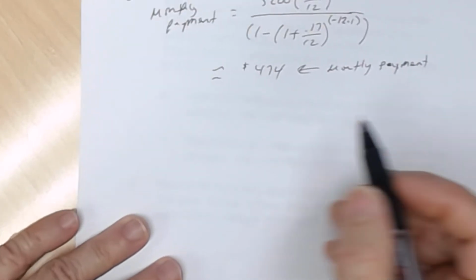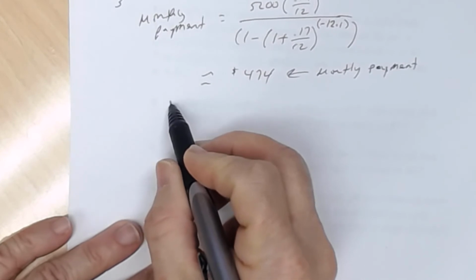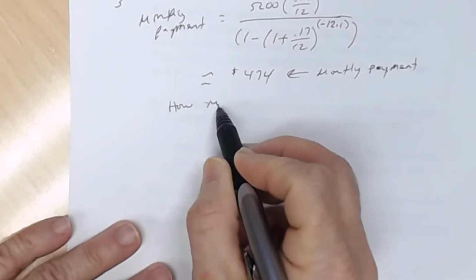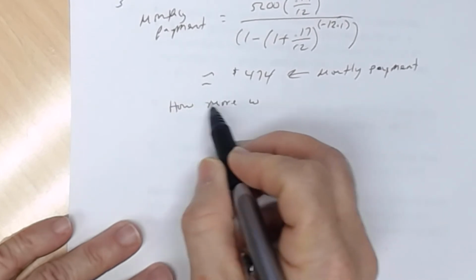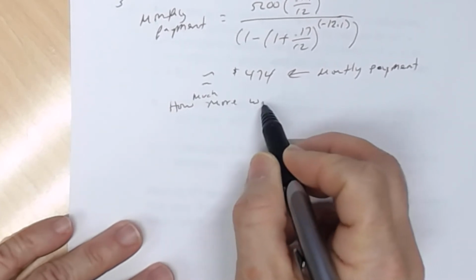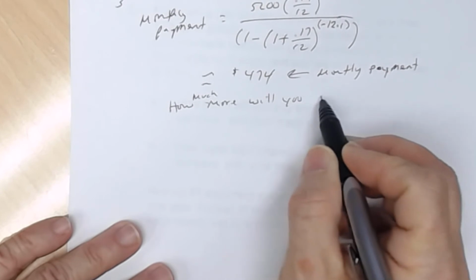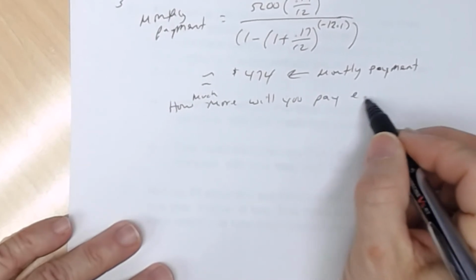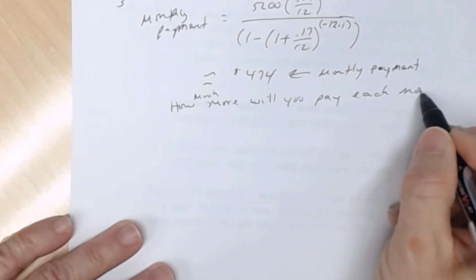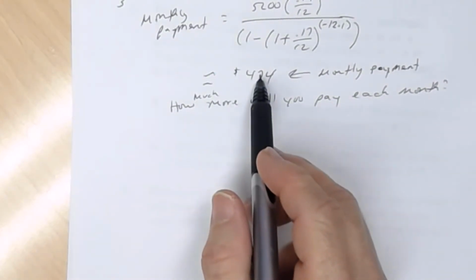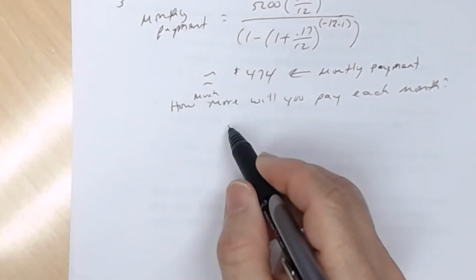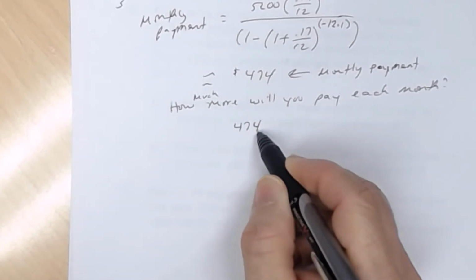That's your monthly payment. So how much more will you pay each month? All right. So over 1 year it's 474, and then over 2 years it was this amount, right? So 257.